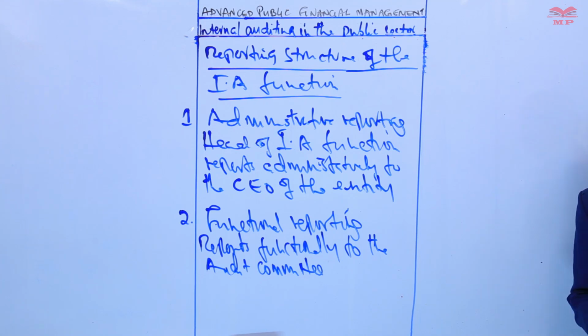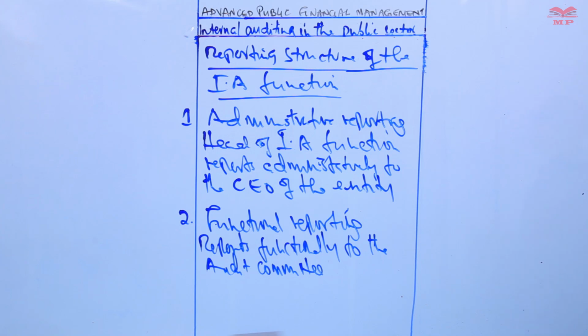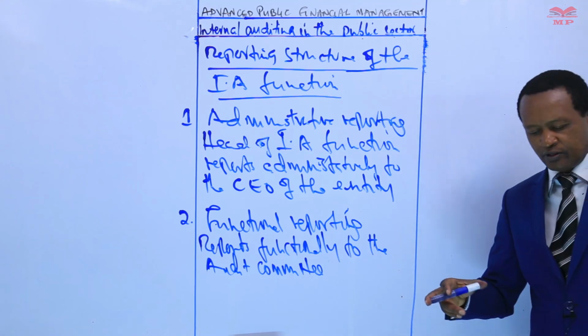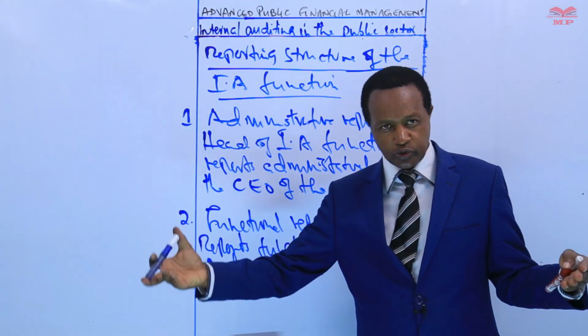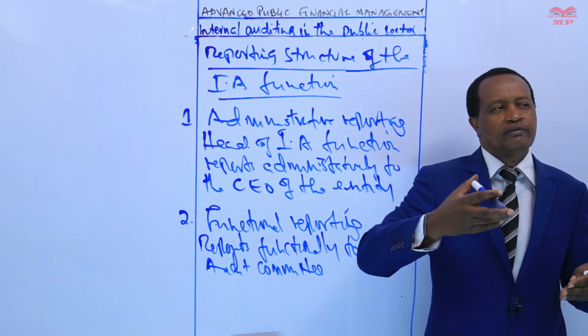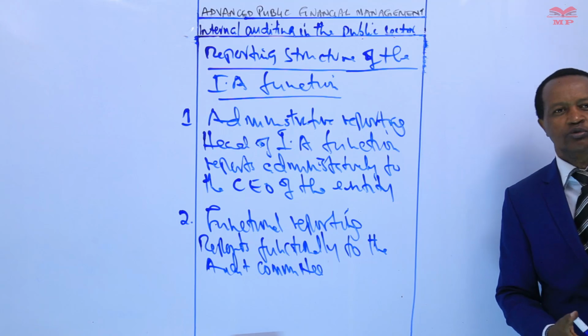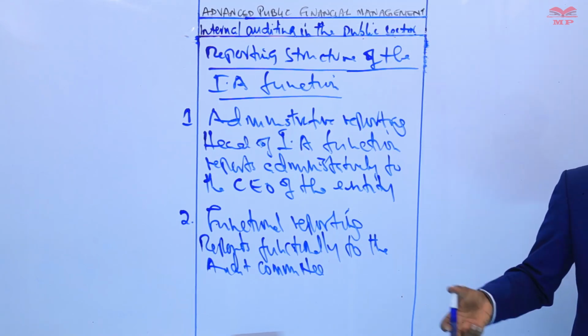They must also confirm the organizational independence of the internal audit activity to the board or equivalent oversight body at least annually. And this dual reporting structure aims to balance the need for administrative support and integration within the entity with the critical requirement for independence and objective reporting to those charged with governance.